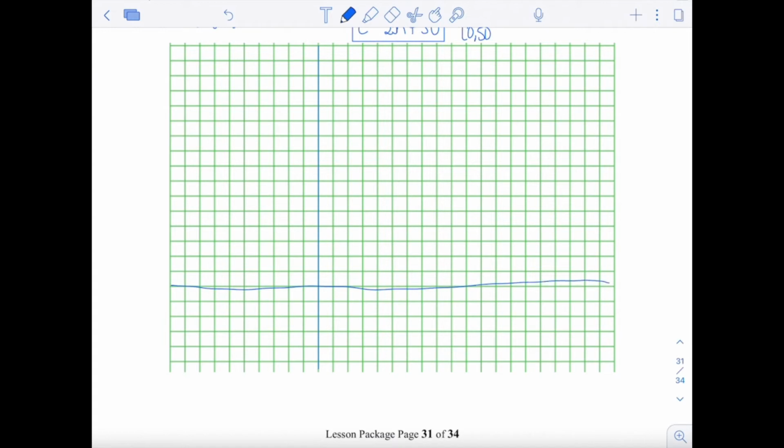Maybe here. 1, 2, 3, 4, 5, 6, 7, 9, 10, 11, 12, 13, 14, 15, 16. Why don't we go up by 5s. So this is 5, 10, 15, 20, 30, 40, 50, and I know that's where I start.